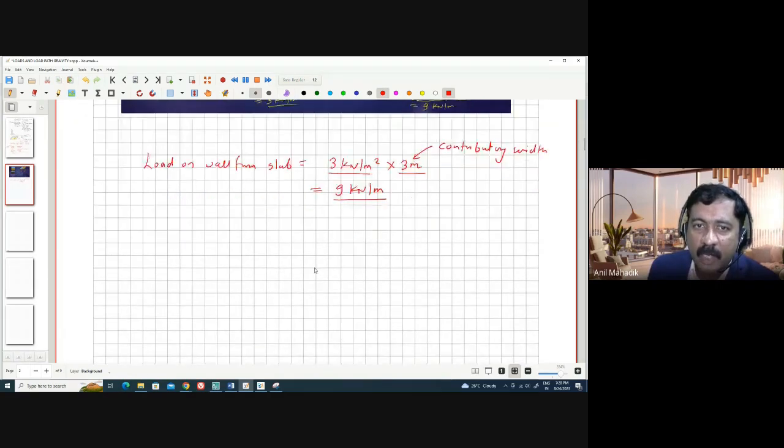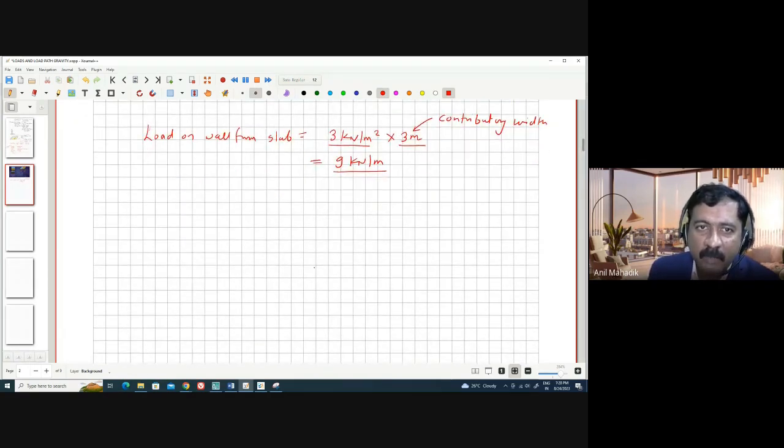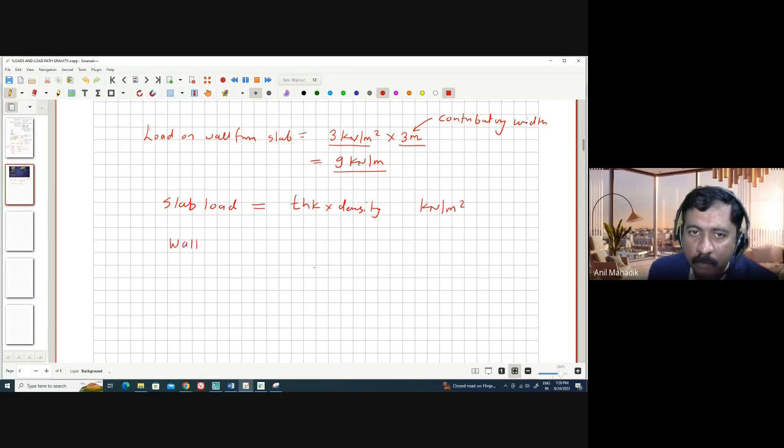So we can say generally in structural engineering, we are dealing with the slab loads. If you want to calculate slab load, use thickness into density. So you will get the load in kilonewton per square meter. If you want to calculate the wall loads, thickness into height into density. Okay, and the unit will be kilonewton per what?